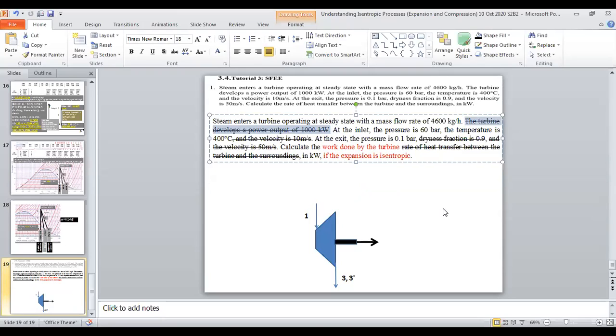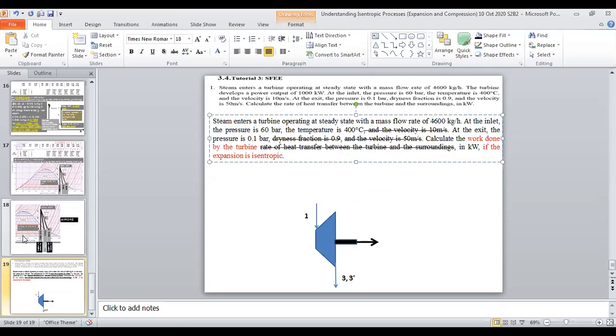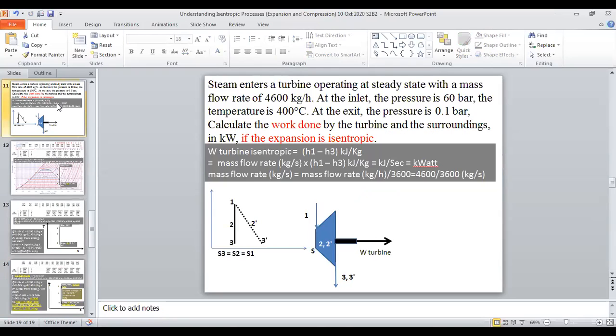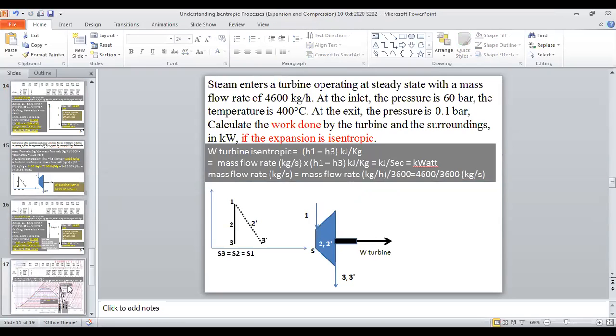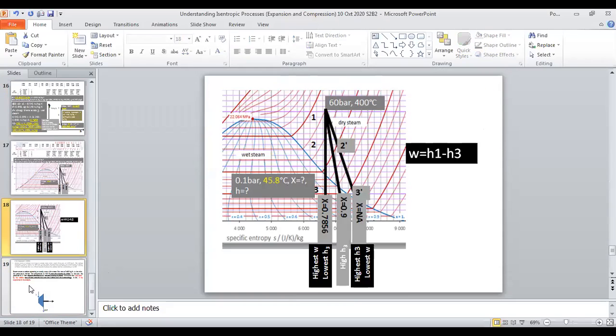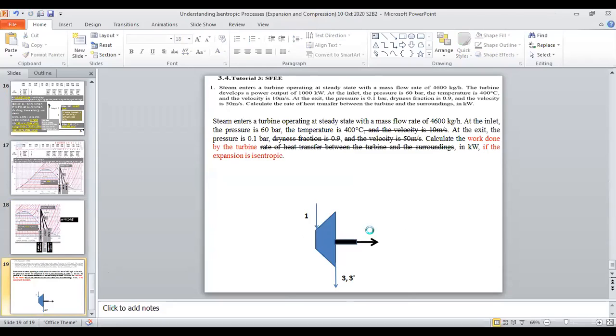I take it out with a purpose, because still we are looking into the W as H1 minus H3. So this is what we are focusing on. Okay, W turbine as H1 minus H3.